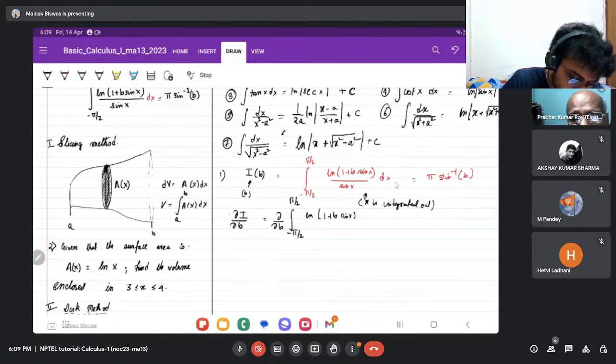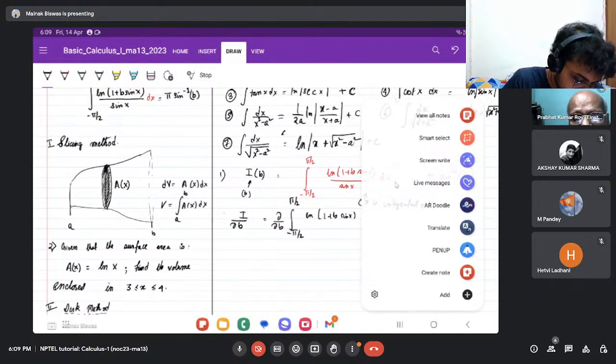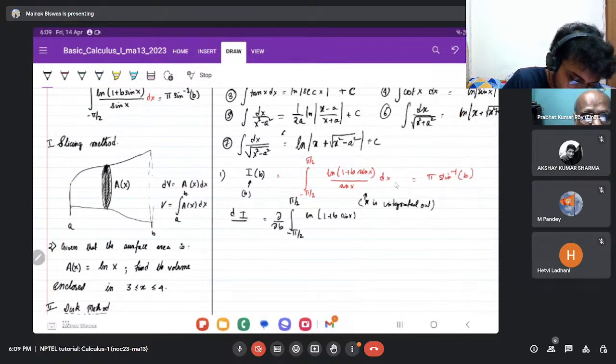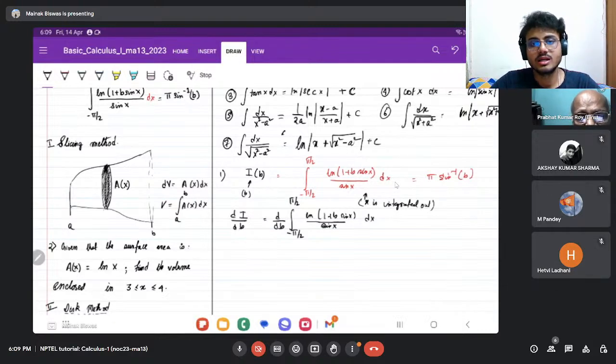It's a complete derivative of I with respect to b. We have seen Newton-Leibniz, but you can't use it here because you're taking the derivative with respect to a parameter in the integral, and it is not dependent on the limits of the integral.